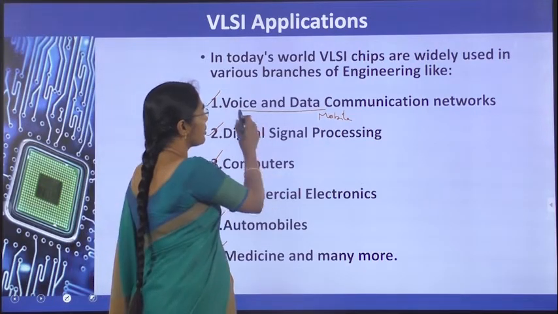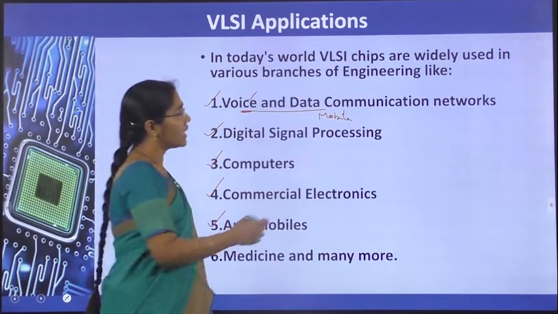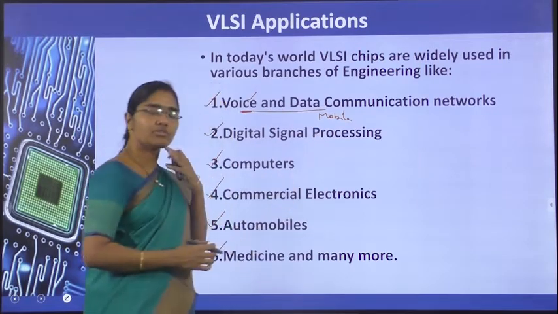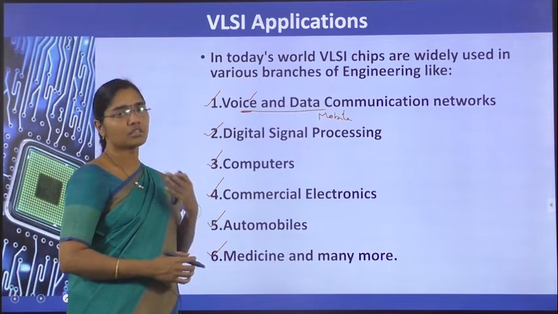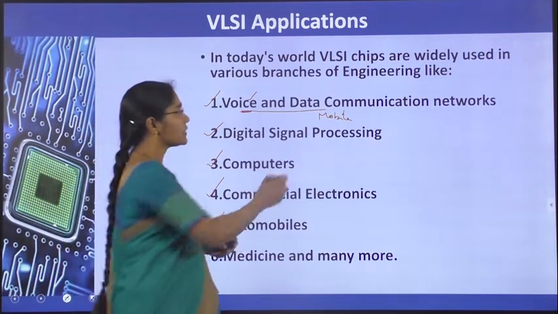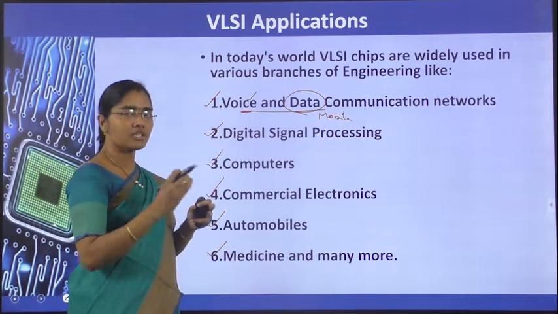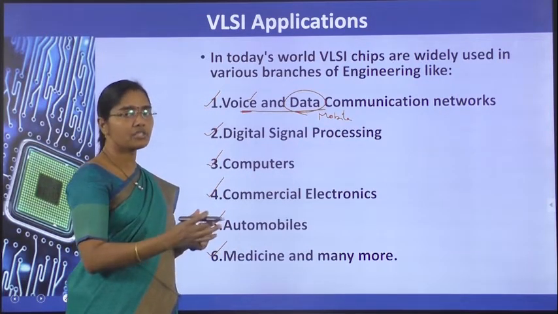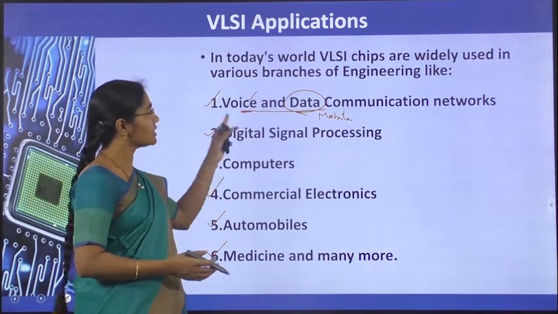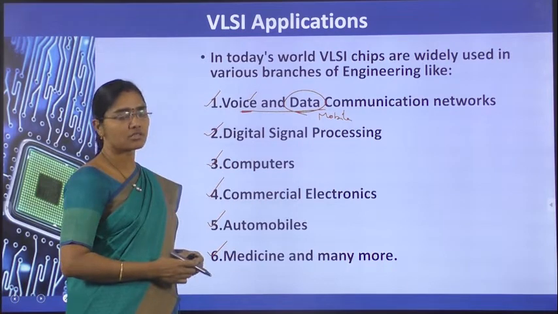And a mobile is used for voice, that is for the audio call, and the same is used for texting and sending of data, images and videos, that is nothing but data communication. So a VLSI chip is used in mobile voice and data communication systems.